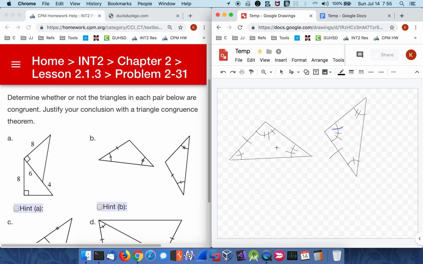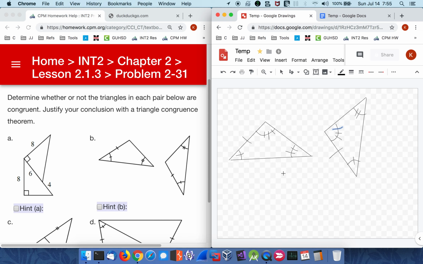But that's for that triangle. Okay, so we have all these angles equal, but look, we have angle, side, angle, and we have side, angle, angle. So you could use either one of those to say it. So I think we can do side, angle, angle.